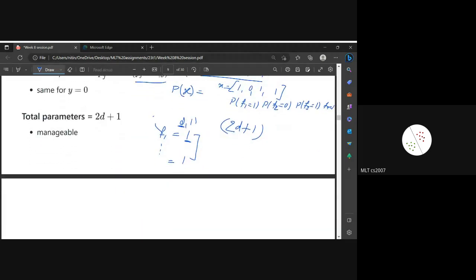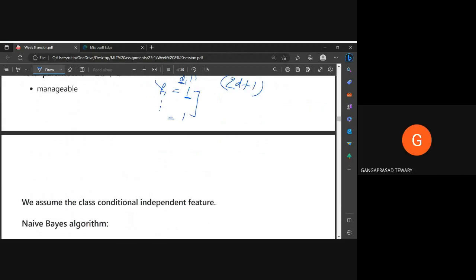I think this might be a very trivial way to approach it, but this is how I have understood it. Say each feature takes two values, 0 and 1. Take a small example: d is 3, only 3 features, so it's three-dimensional data.